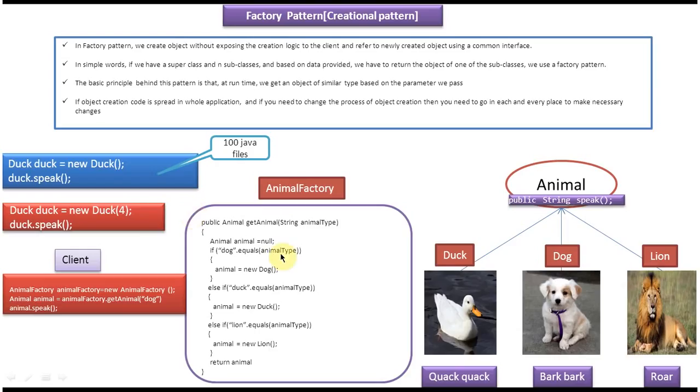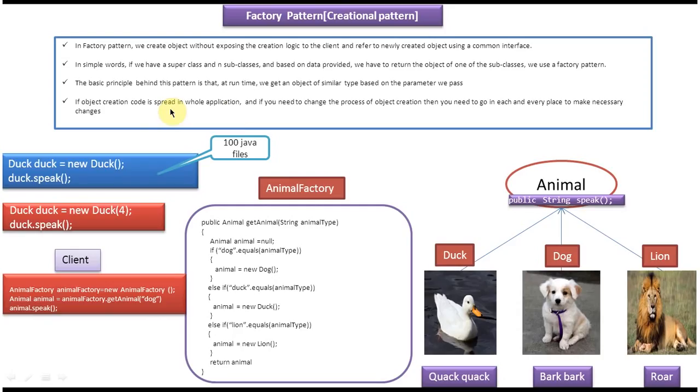Instead, if the object creation code is in a common place, we can just change in the common place. So suppose we write like this in 100 files, and in future the object creation logic is changed, we have to change only in this place: new duck, and pass the number of legs. We no need to go and change in 100 files. That is what is in the fourth sentence.